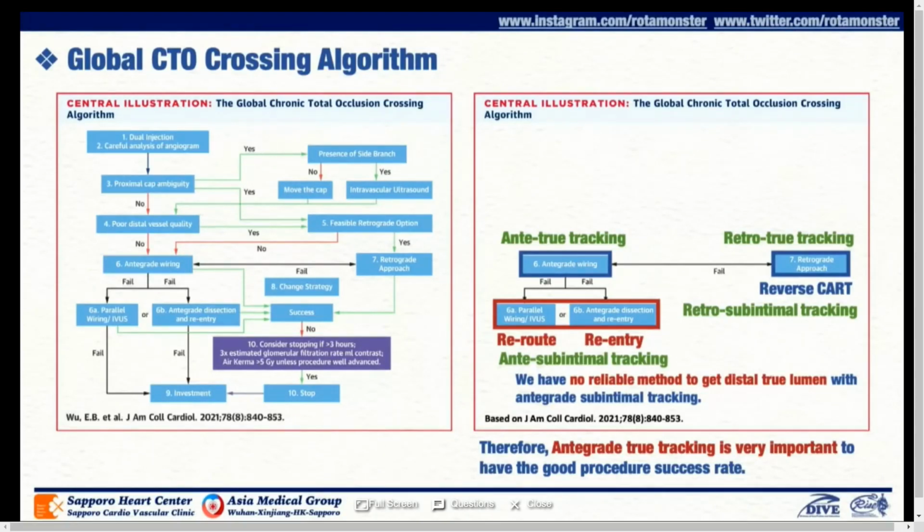On the other hand, we don't have any reliable method to get distal true lumen with the antegrade subintimal tracking, even if using the parallel wiring, IVUS guidance wiring, and ADR. Therefore, the antegrade true tracking is very important to have the good procedure success rate because the interventional collateral is not always available there.